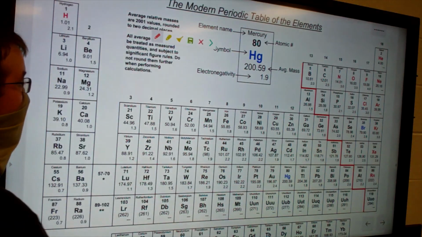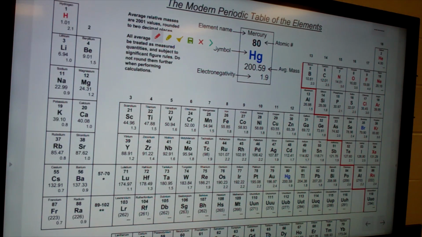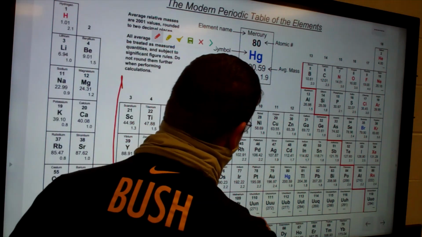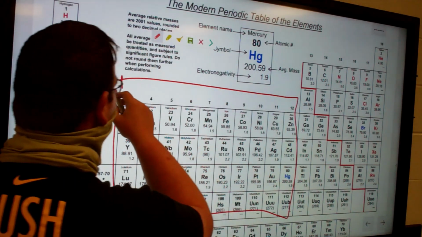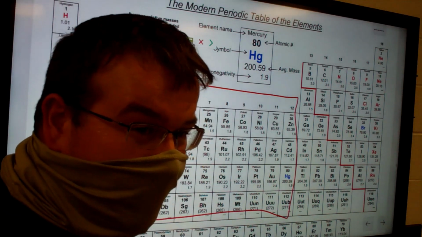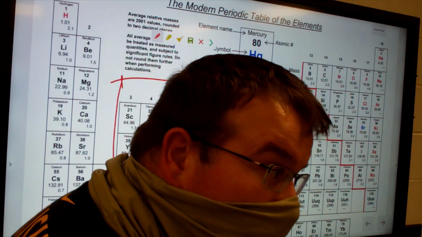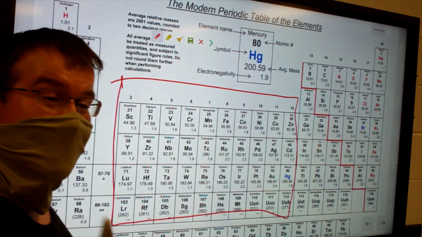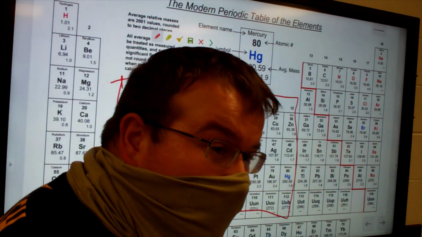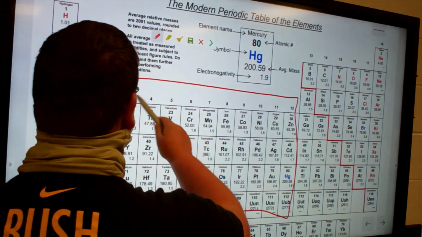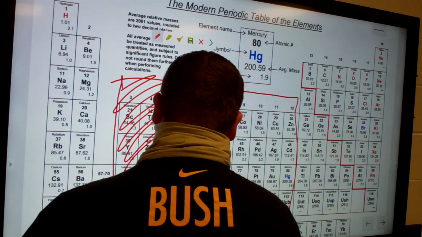Where are the transition metals? Right in Columns 3 through 12, the middle guys, the D block. The D block is known as the transition metals. We don't worry about them, okay?